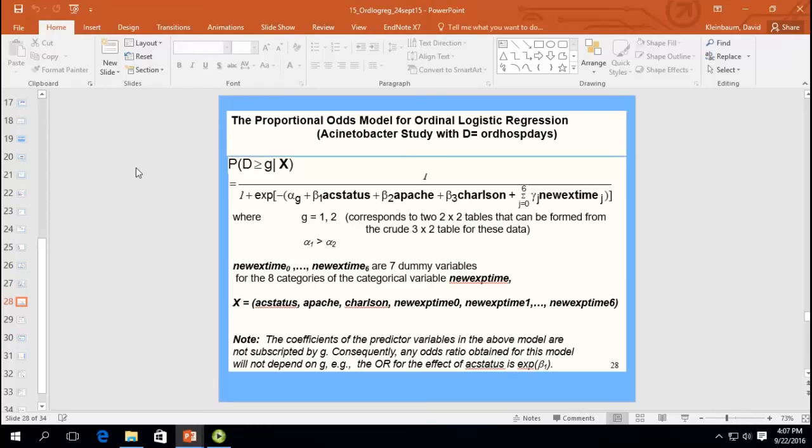It's an ordinal logistic regression model of a certain type. There are several different kinds of ordinal logistic regression models, and this type is called the proportional odds model.